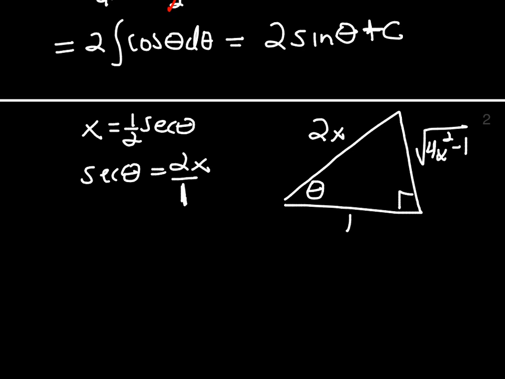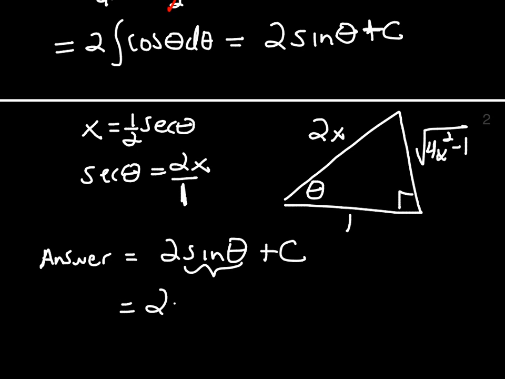Our answer was 2 sine of theta plus a constant. So now we can replace the sine of theta with the x version from this triangle being opposite over hypotenuse. So 2 times radical 4x squared minus 1 all over 2x plus a constant.